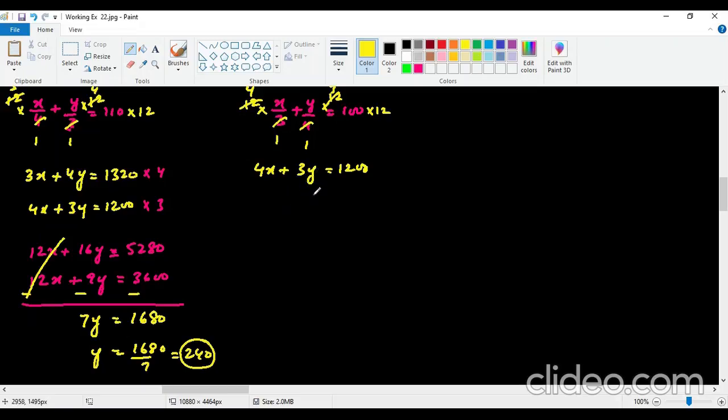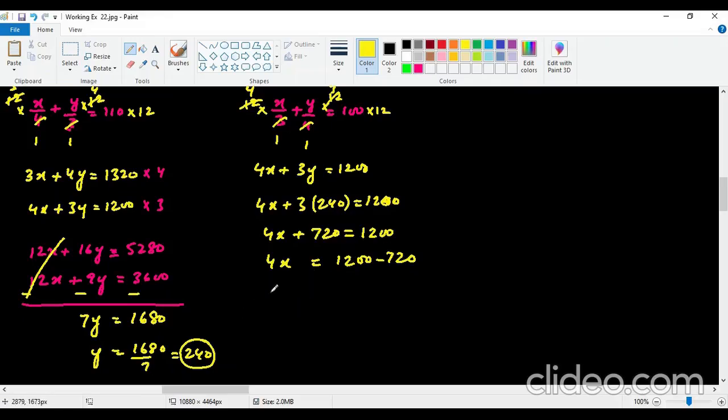So I will use this equation, 4x plus 3 times 240 equals 1200, and 4x plus 720 equals 1200. 4x is equal to 1200 minus 720, which gives us 4x equals 480.